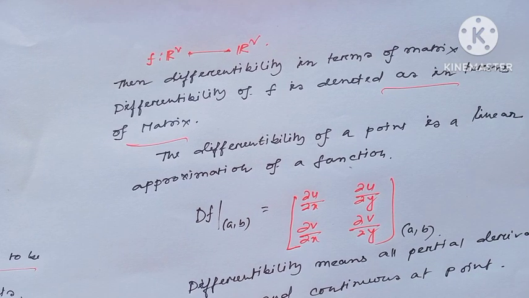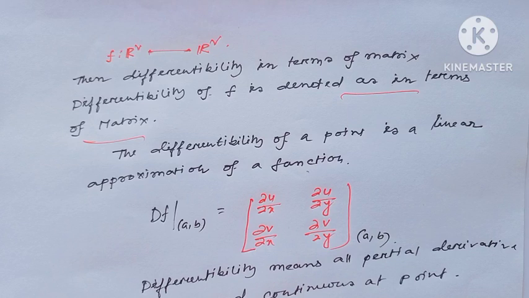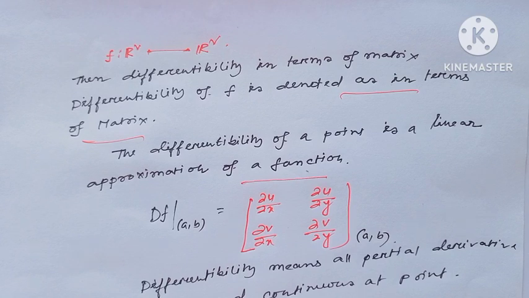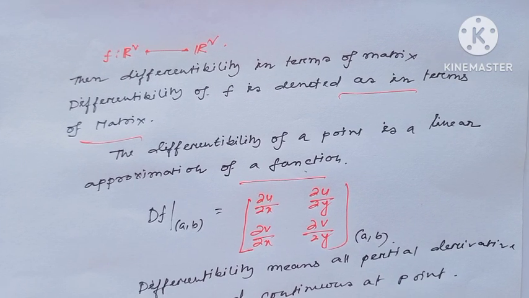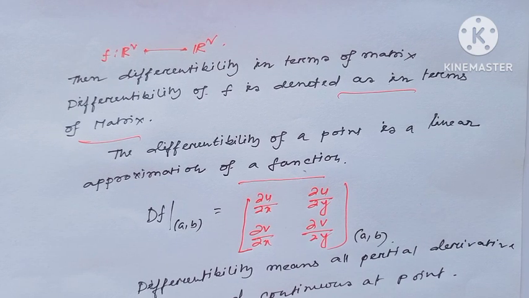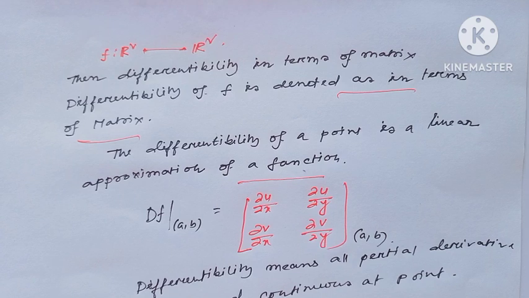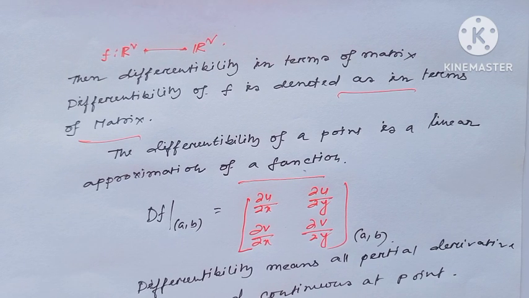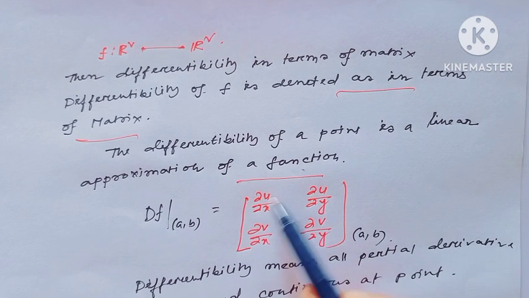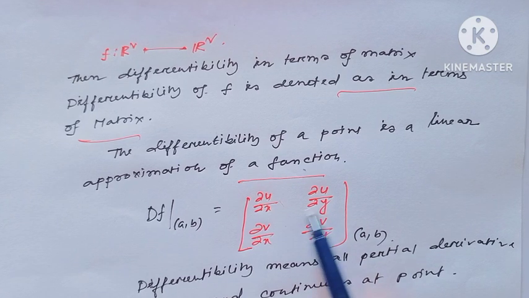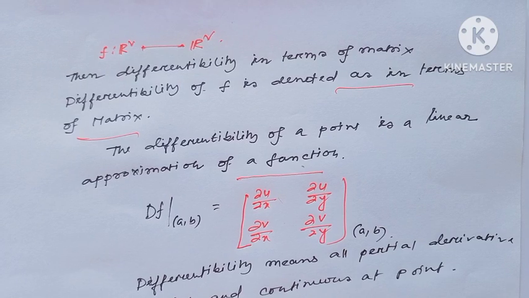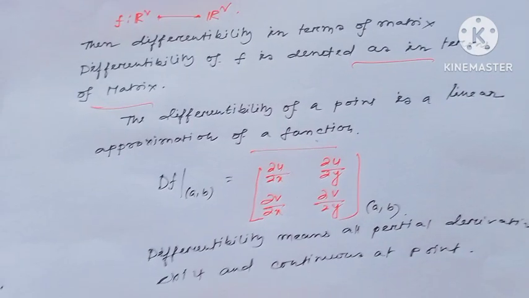Differentiability at a point is actually the linear approximation of the function, and differentiability at a point (a, b) would be the Jacobian matrix del u del x, del u del y, del v del x, del v del y at the point (a, b). Differentiability means all partial derivatives exist and are continuous at that point.